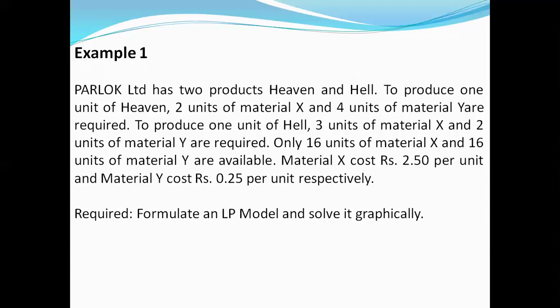The problem specifies that heaven consists of 2 units of material X, that is 2x, plus 4 units of material Y, that is 4y. So 2x plus 4y is equal to heaven, let it be H. Similarly for hell, let it be He, 3x plus 2y is equal to He. So these are the two equations having two constraints and an equating variable.